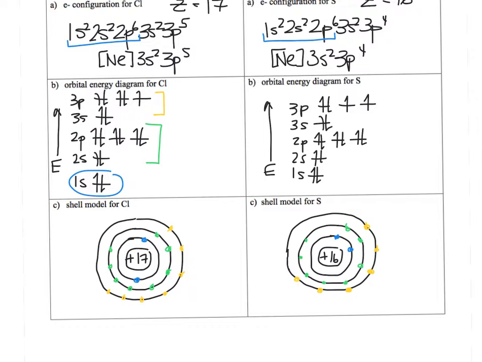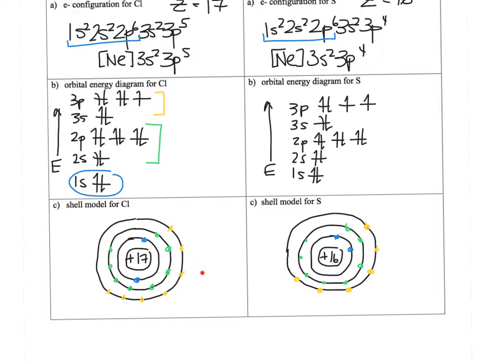In most cases where people missed things in this problem, sometimes people did not know exactly how to order the orbitals in the orbital energy diagram. So the energy levels here. Lots of people didn't actually label that this is an energy axis, and that's just an important part of the problem.